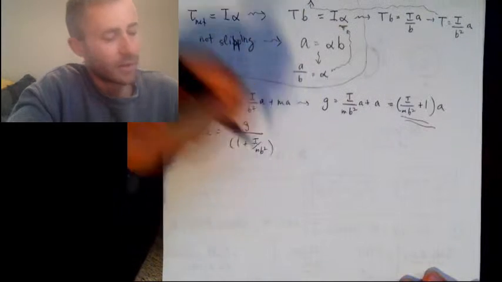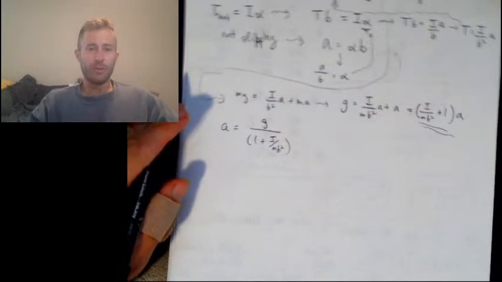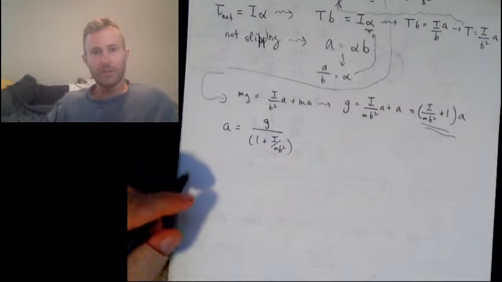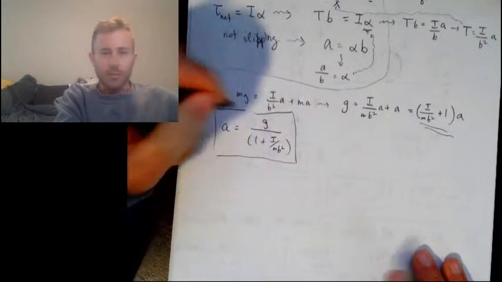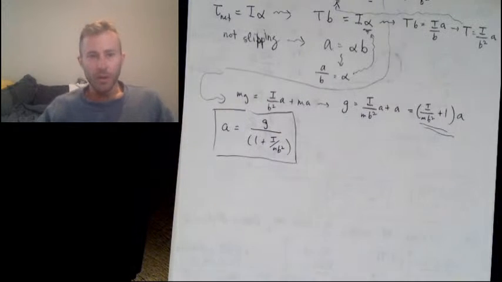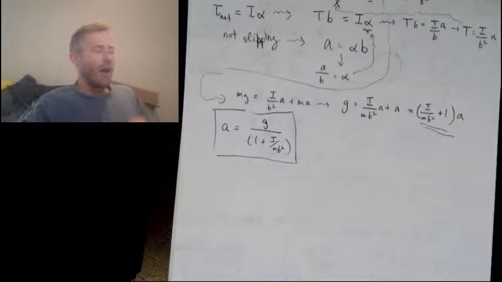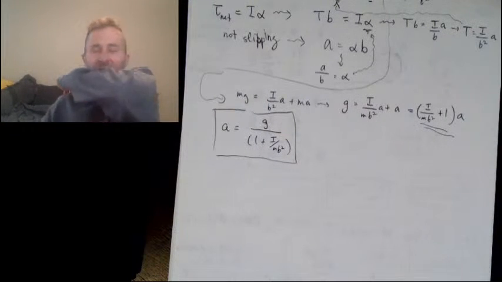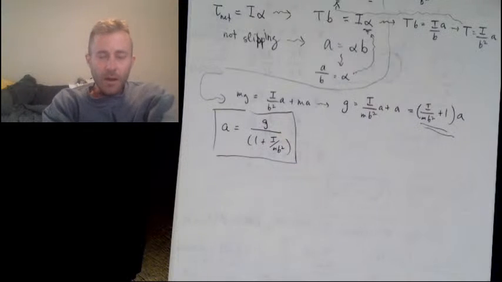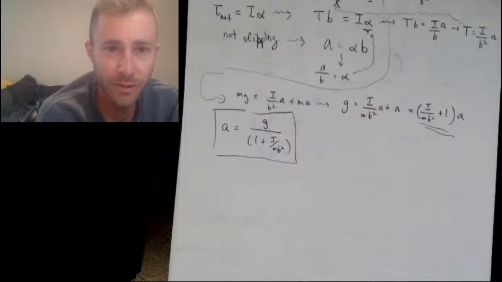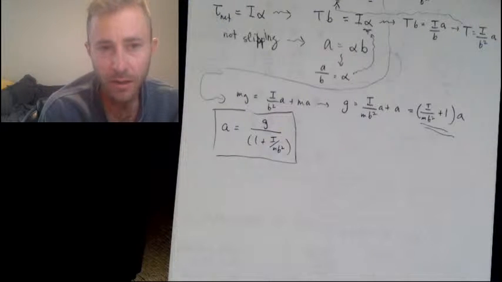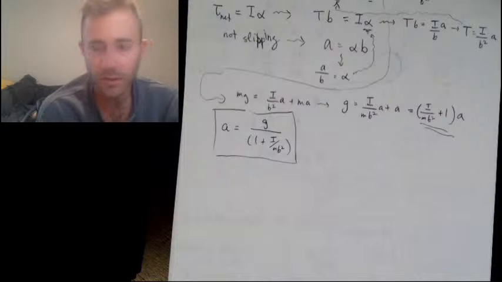Do not try to just write this equation down and memorize it, because the problems I'm going to give you on the homework are not quite like this. There are little things that are different. The method of solving is what you really need to focus on.